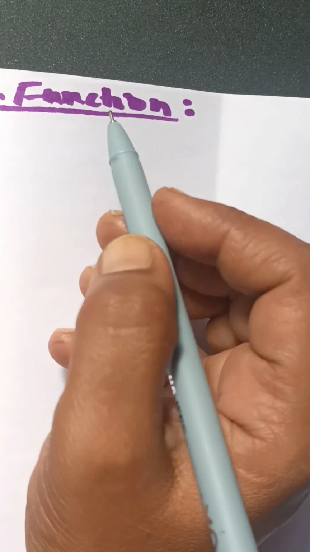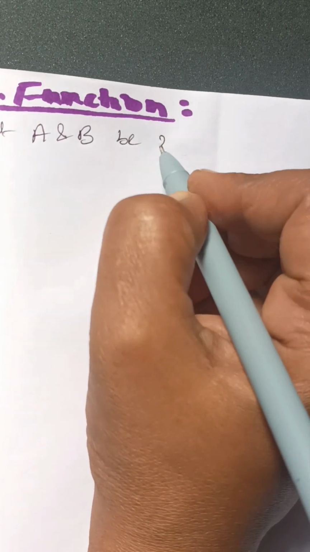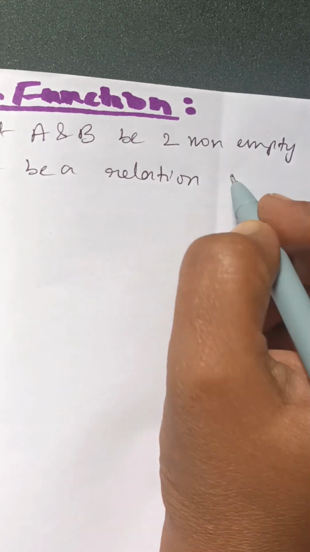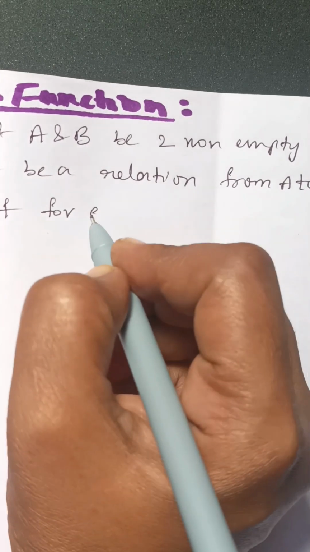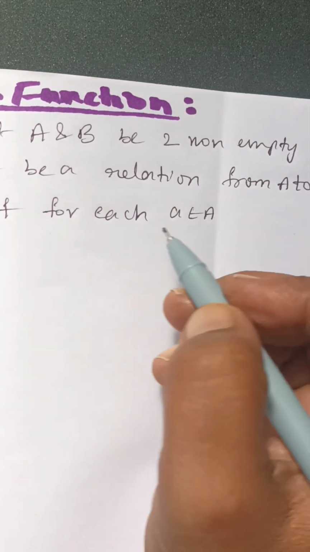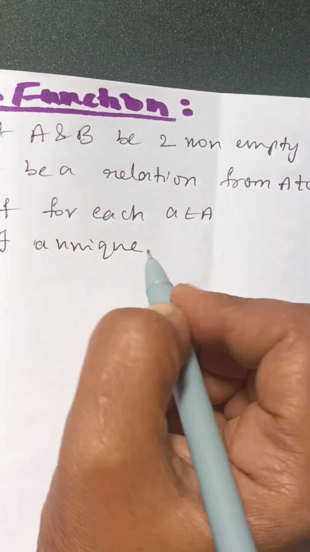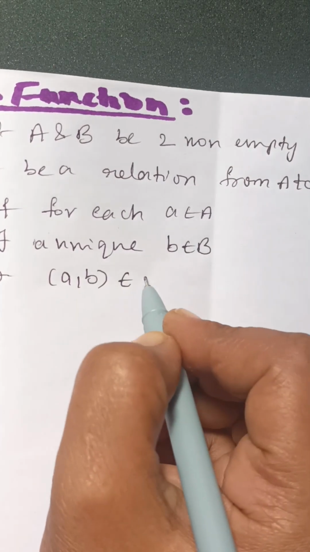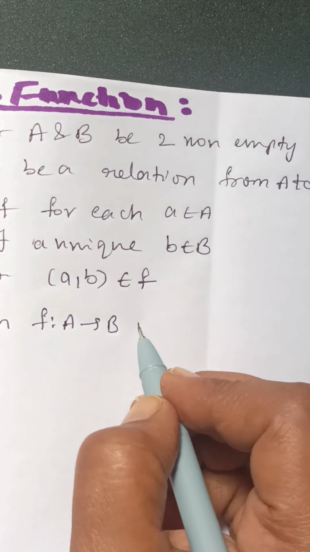Okay, next, fourth one, function. Let A and B be two non-empty sets, and f be a relation from A to B. If for each element a belonging to A there exists a unique element b belonging to B such that (a, b) belongs to f, then f maps A to B and is a function.